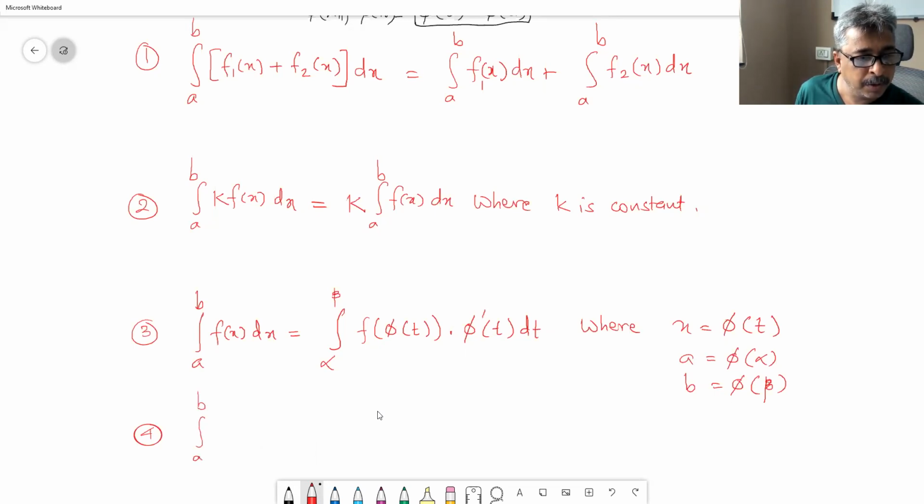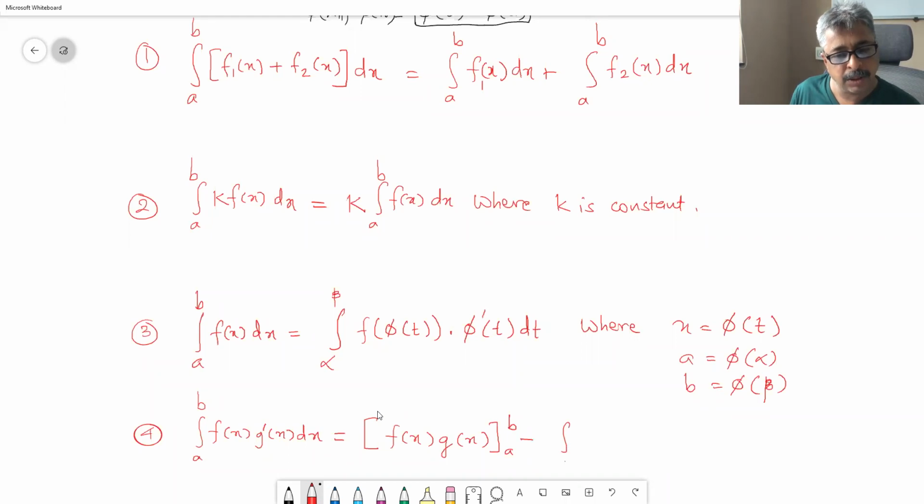Integral a to b f of x g dash of x dx is equal to f of x g of x evaluated between a to b minus integral a to b f dash of x g of x dx. Okay, just check whether everything is fine or not.